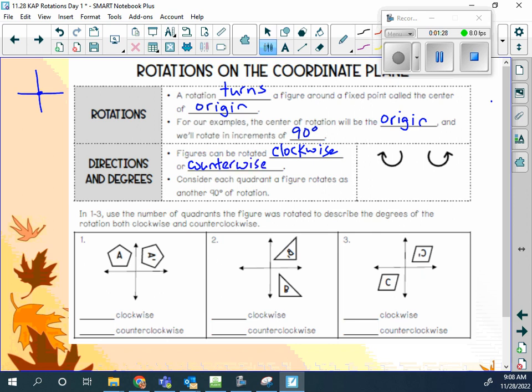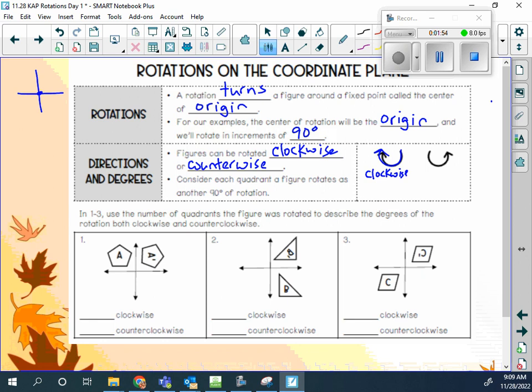Now, here's the problem. In today's digital age, a lot of kids don't know how to read a clock. My clock died, so I have this big one. I gotta fix it. Guys, look. Clockwise means as the clock turns. So you can pay attention to the second hand, and you can see that it's going this way, which is clockwise.